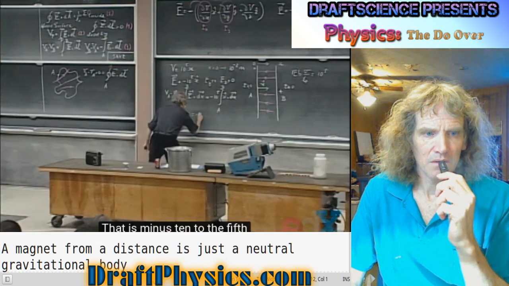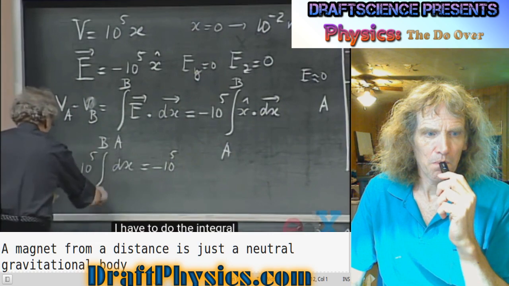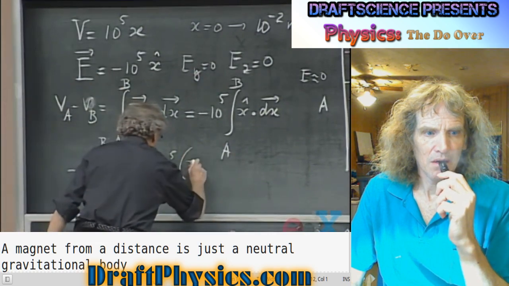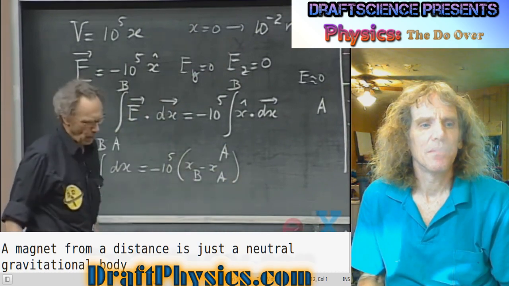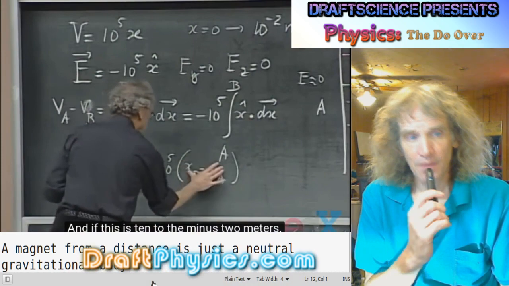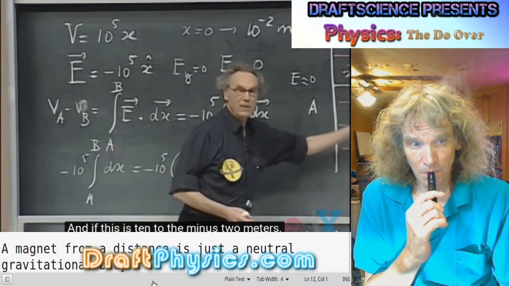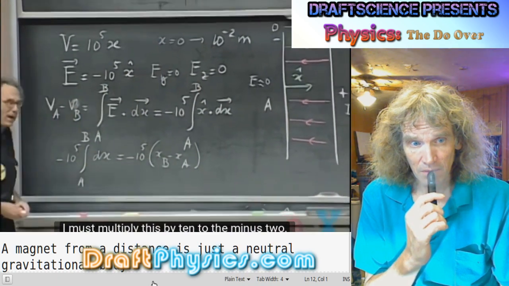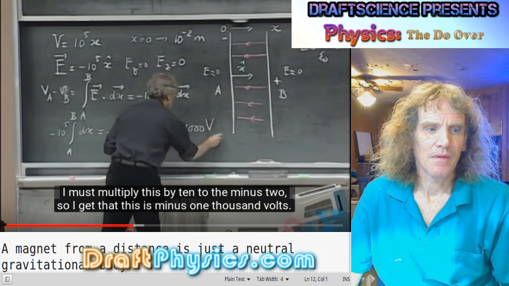That is minus 10 to the fifth times the location. I have to do the integral between A and B, so I get x of B minus x of A. And if this is 10 to the minus 2 meters, to go from here to here is 1 centimeter, I must multiply this by 10 to the minus 2. So I get that this is minus 1,000 volts.